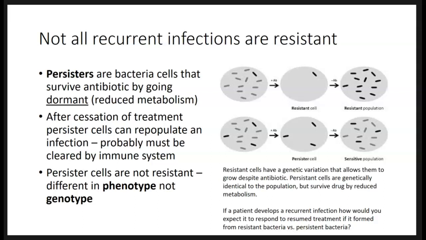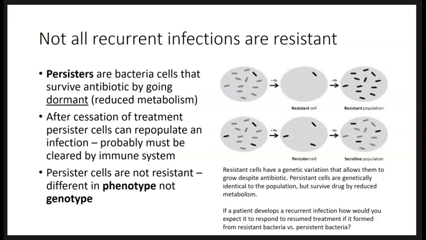The bacteria that are left behind that aren't killed by the antibiotics have mutations that make them resistant to the antibiotics, and that means that it's not going to be an effective treatment the second time that it is applied.